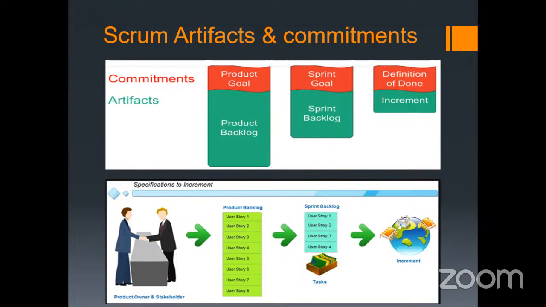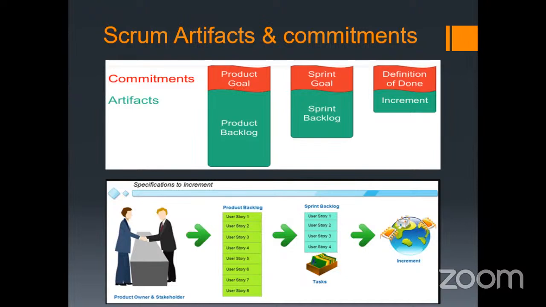And whatever the requirements are, those will be recorded in the product backlog using user stories. And from this product backlog, some user stories will be fetched into the sprint backlog, which is the second artifact. And this sprint backlog will be considered by the developers. And then the developers, by referring to the sprint backlog, create a valuable increment at the end of the sprint.